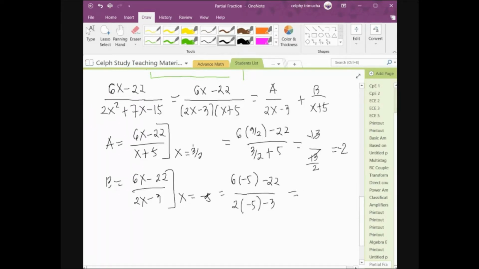So we have negative 30 minus 22, that is negative 52, all over negative 10 minus 3, that is negative 13. So we have positive 4. Okay, so ang muna niyang value sa aton nga A kag B. So pwede mo siya i-decompose, or ang iyang decomposed na form is equal to A naton nga negative 2 all over your 2x minus 3 plus 4 all over x plus 5.